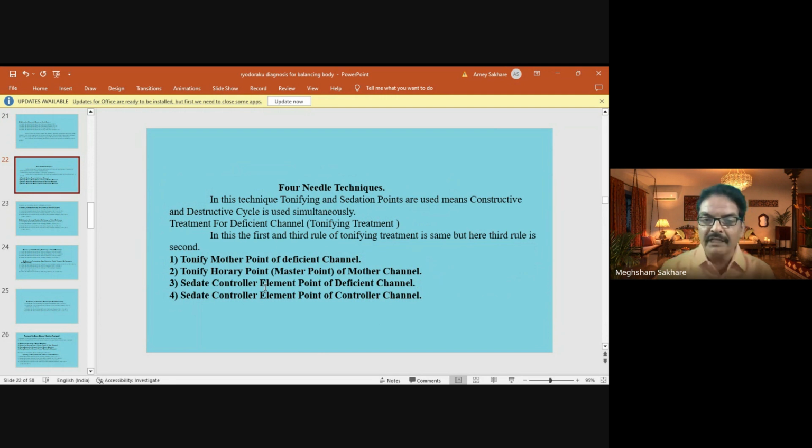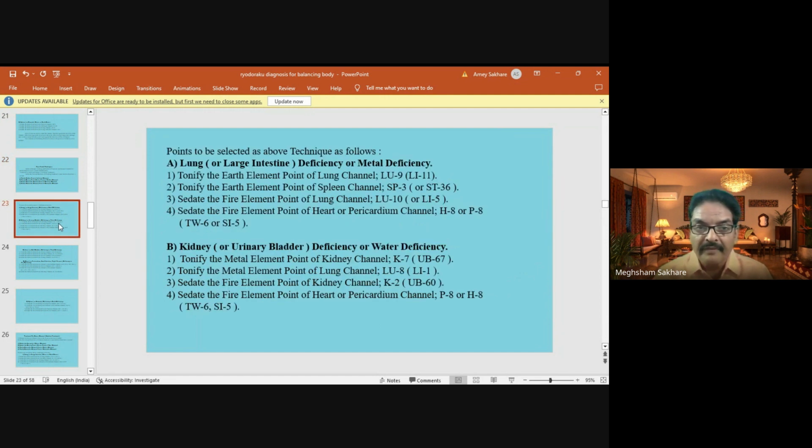Sedate the control element point of the deficient channel. And sedate the control element point of the controller channel.